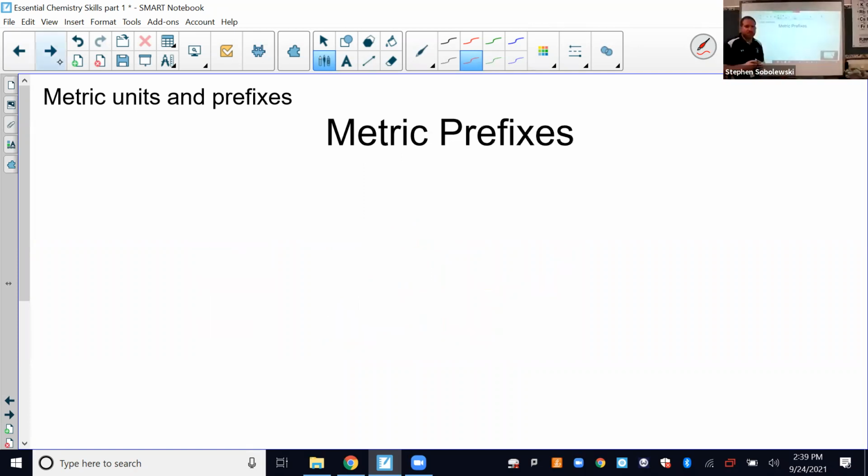Let's talk about these metric prefixes. Kilo was one that I mentioned already, and I'm sure you know several others. So I'm going to compile it onto the page. It's up to your individual chemistry teacher to talk about what you need to actually memorize.